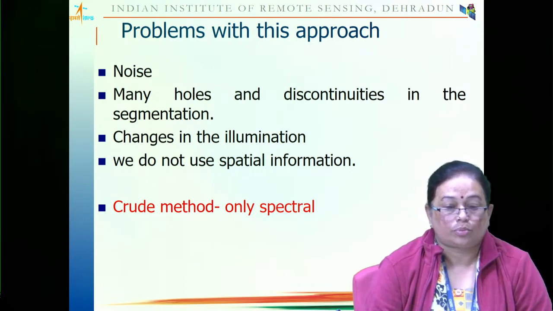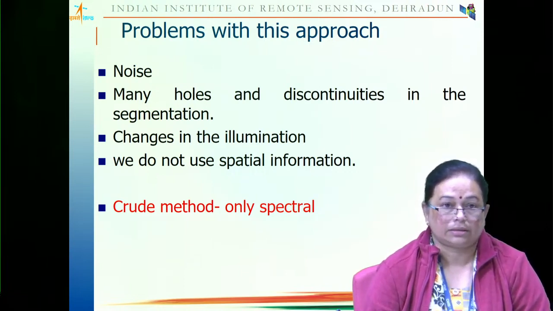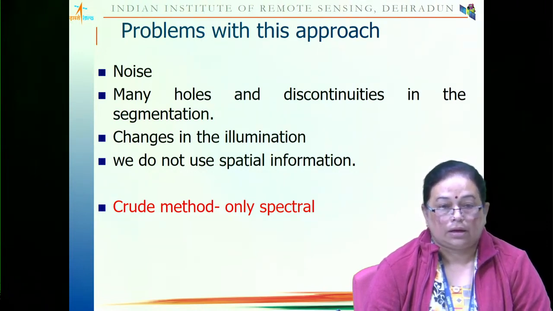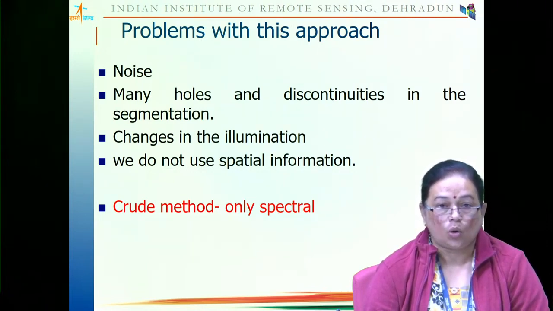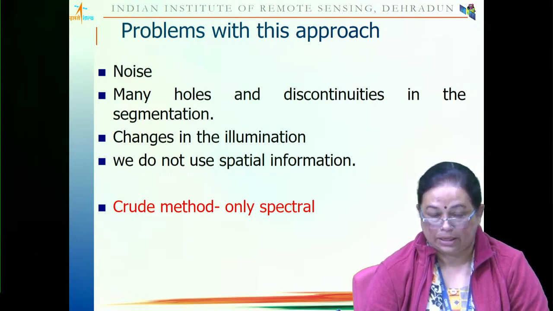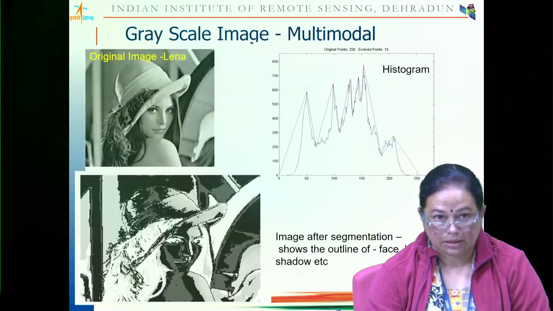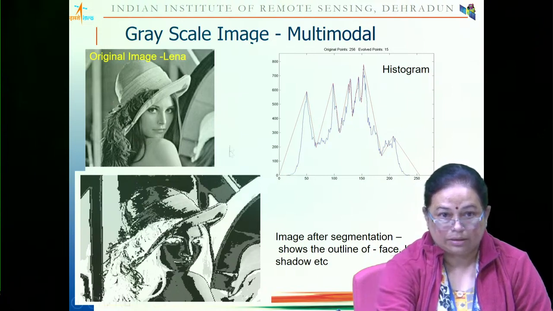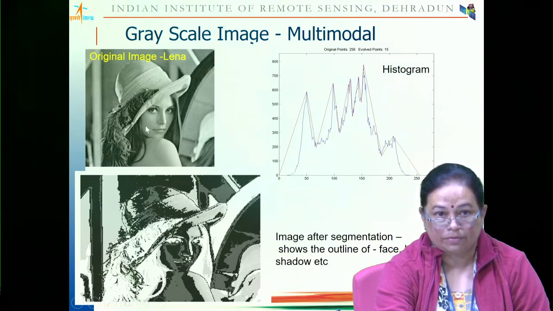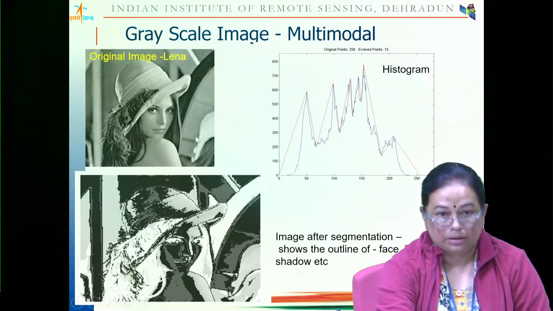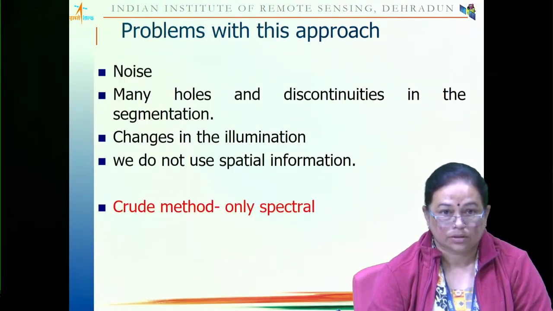Now the limitations or problems with this approach are that there is noise. It could result in holes and discontinuities in the segmentation, and as we have just seen, due to illumination differences, the face, which should have come out as one segment, has been grouped into multiple segments or clusters.